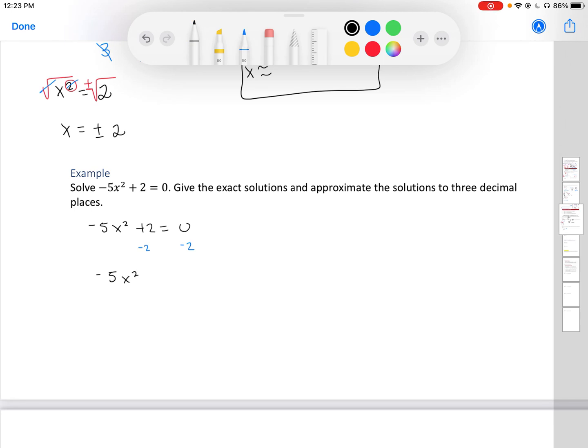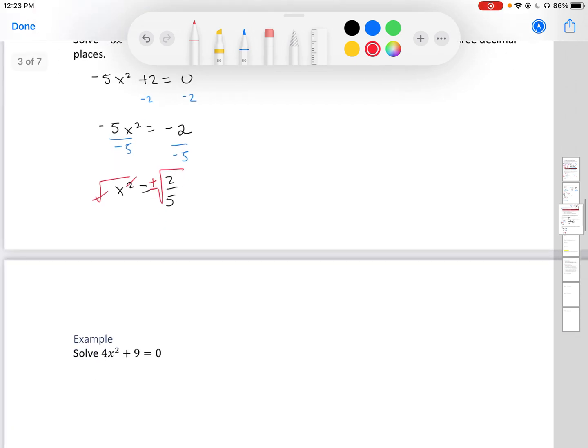You get negative 5x squared is equal to negative 2. Let's go ahead and divide by negative 5. And we get x squared is equal to 2 divided by 5. Now I can go ahead and take the square root. Don't forget to write plus or minus.